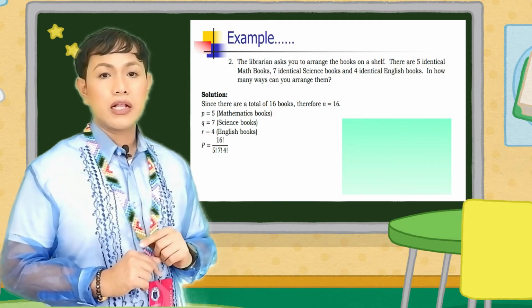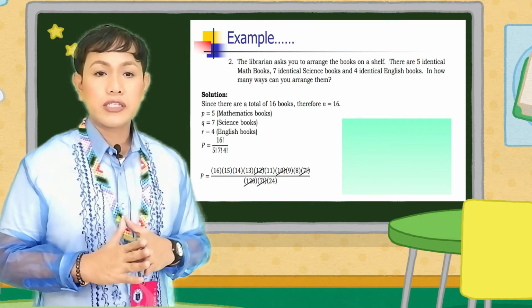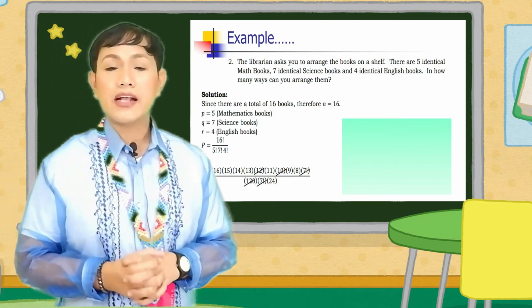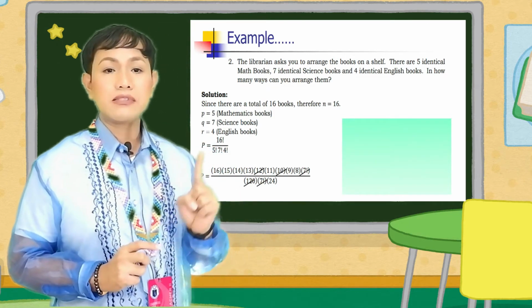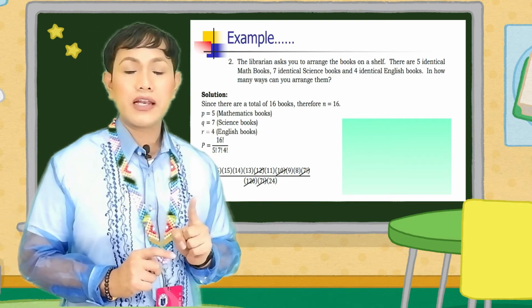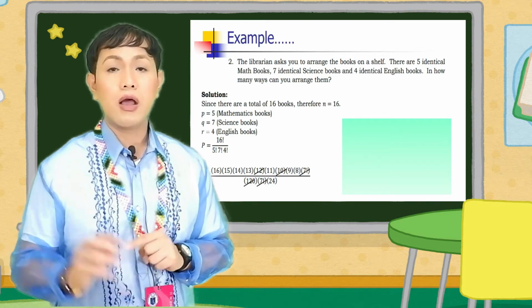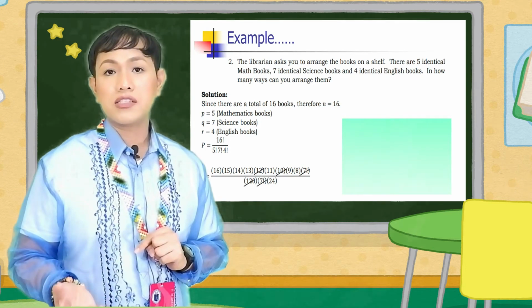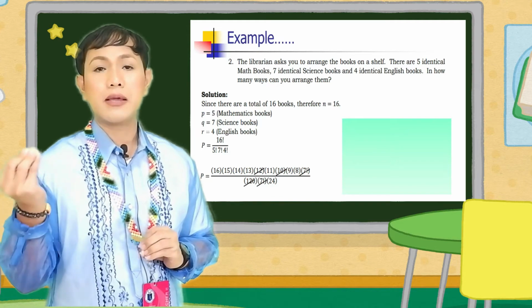Now, 16 factorial is equal to 16 times 15 times 14 times 13 and so on. But we can actually end up with just 7 factorial. So 16 times 15 times 14 times 13 times 12 times 11 times 10 times 9 times 8 times 7 factorial. Why is that so? Why is it no longer necessary for us to continue 7 times 6 times 5 times 4 times 3 times 2 times 1?